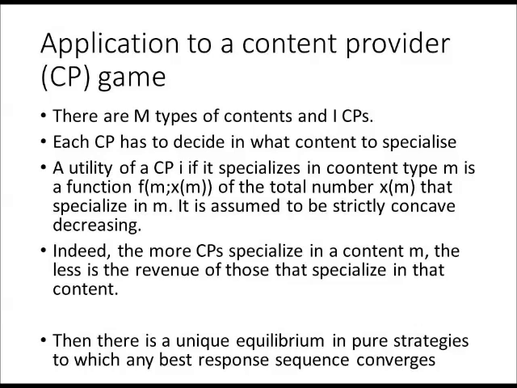It is assumed to be strictly concave decreasing. Indeed, the more CPs specialize in a content m, the less is the revenue of those that specialize in that content. Under these assumptions, it turns out that there is a unique equilibrium in pure strategies to which any best response sequence converges.